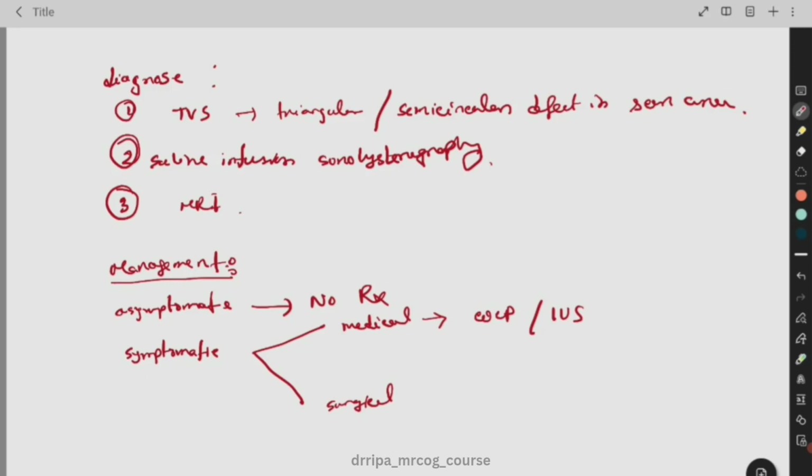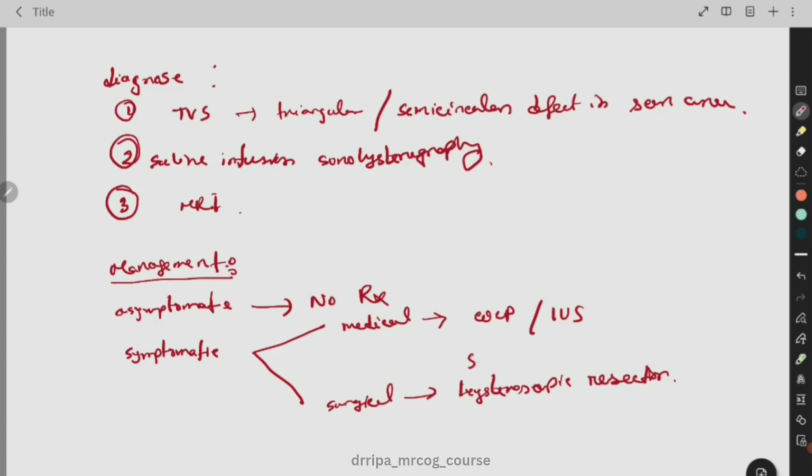So what is the surgical treatment? If the niche is shallow, we can do hysteroscopic resection. This removes fibrotic tissue and improves both bleeding symptoms and fertility.